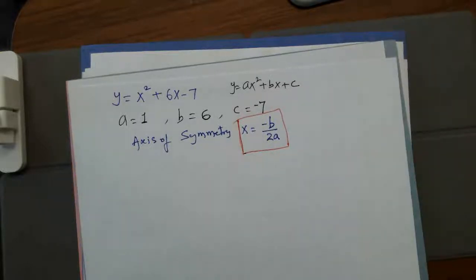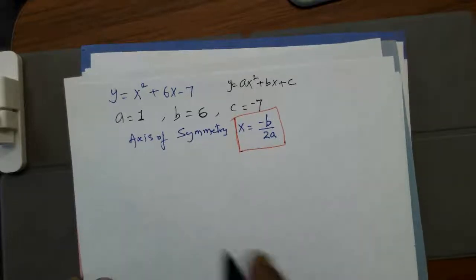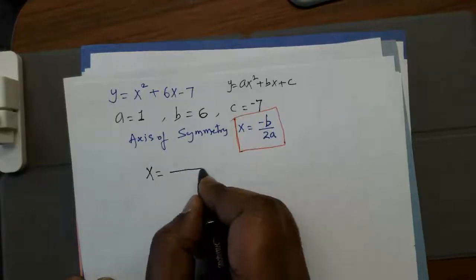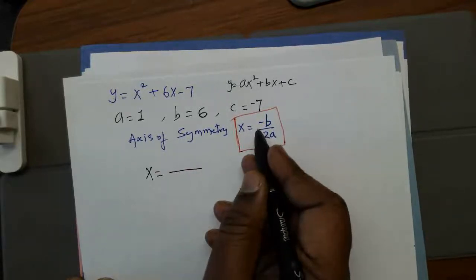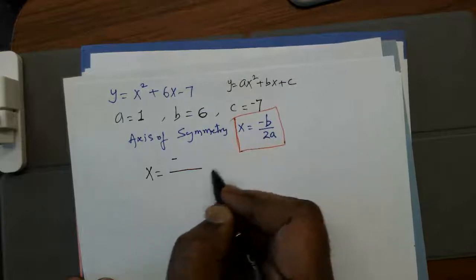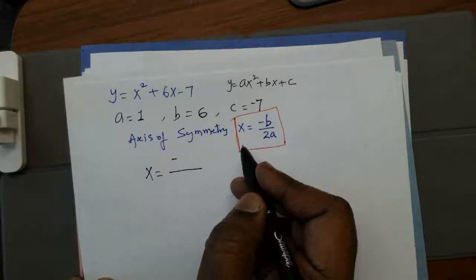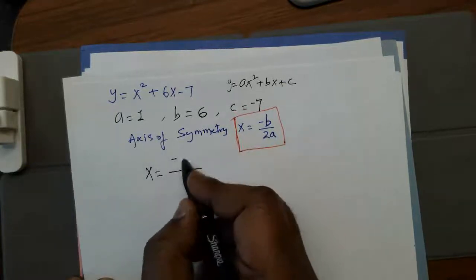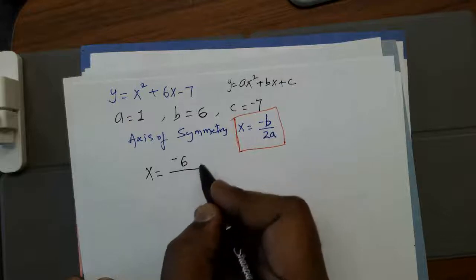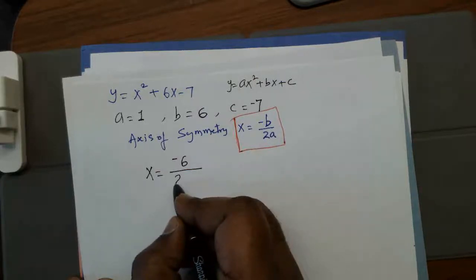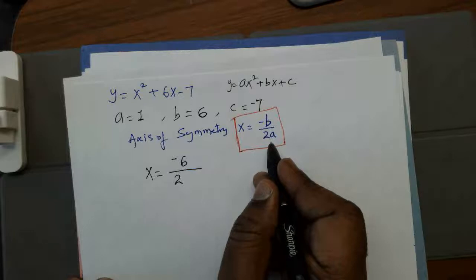Now let us find using this formula. Now x is equal to, division symbol. In the formula, I have a minus sign, so I'll put that negative. And what is the value of b here? B is equal to 6. And in the denominator, I have 2 already. There is a 2 in the formula. And then substitute the value of a.